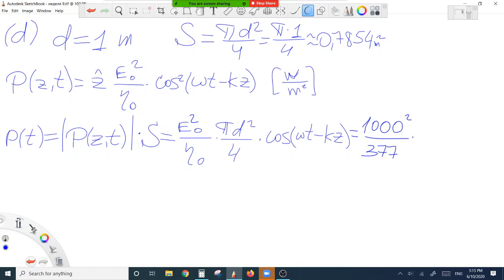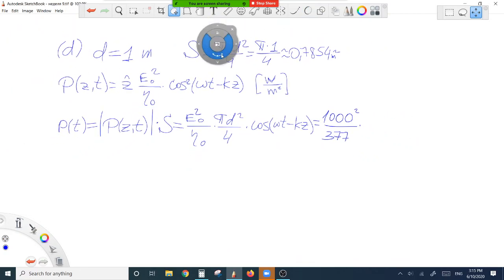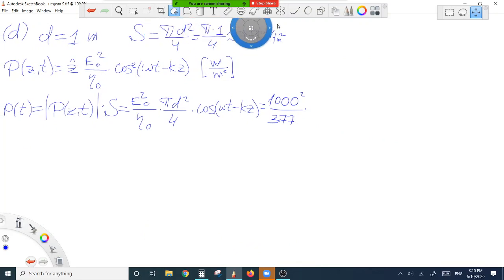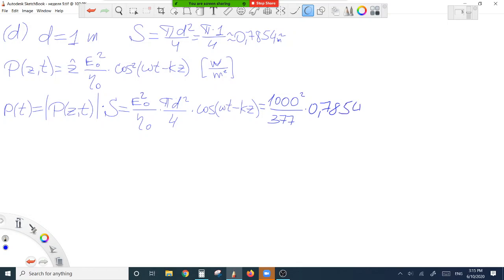The surface of the antenna we have already calculated and is equal to 0.7854, multiplied by cosine squared, don't forget cosine squared, of omega t minus kz.